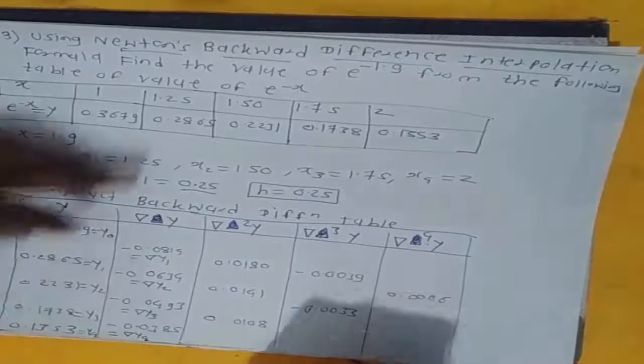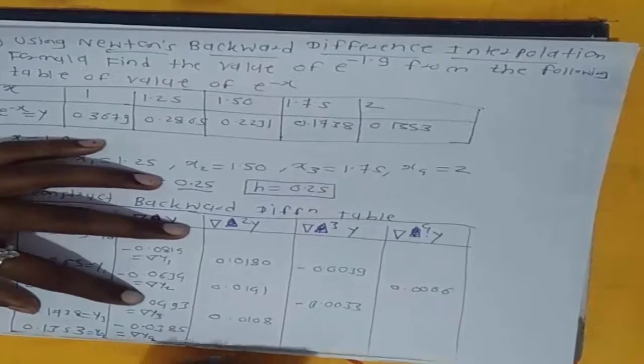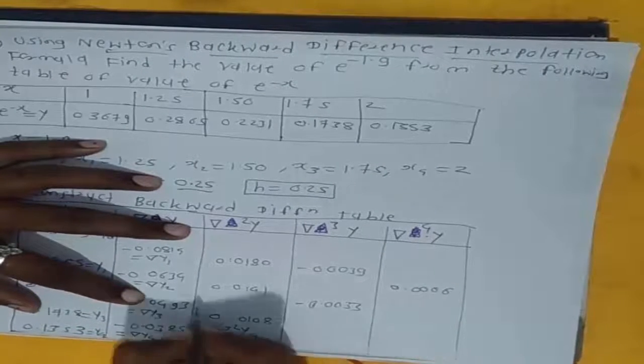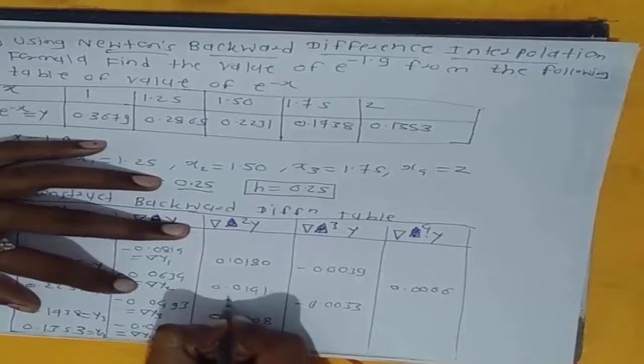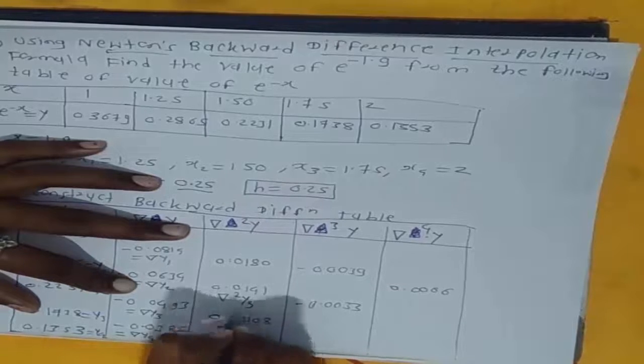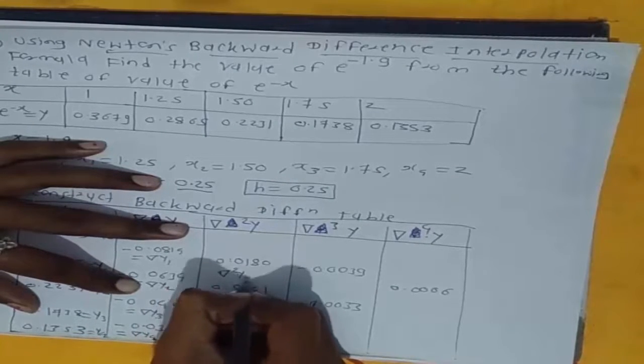Again, by taking the difference of the third order backward differences, we get 0.0006. Here del y4 minus del y3 is del square y4, del y3 minus del y2 is del square y3, and del y2 minus del y1 is del square y2.